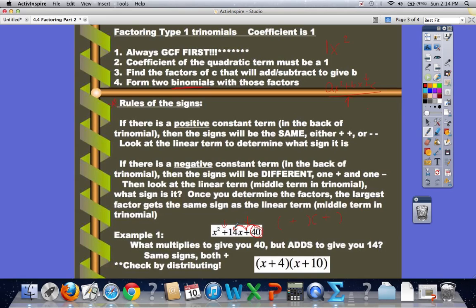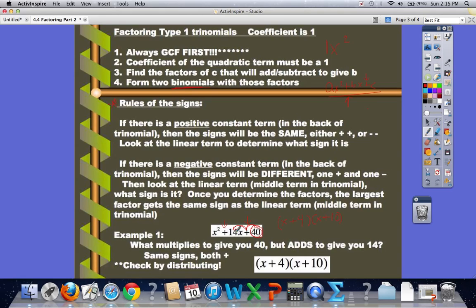Okay? Factors of 40 are lots of them. 1 and 40, 2 and 20, 4 and 10. 4 and 10 add to be 14. So you can put 4 and a 10. Doesn't matter which way they go because the same signs. And then you split up your first quadratic term, x and x.